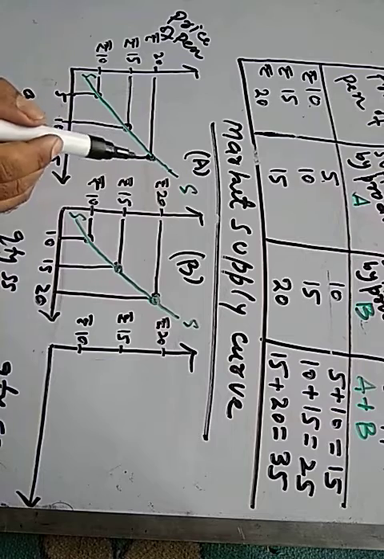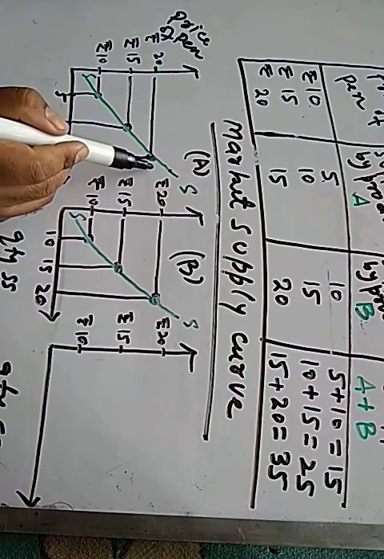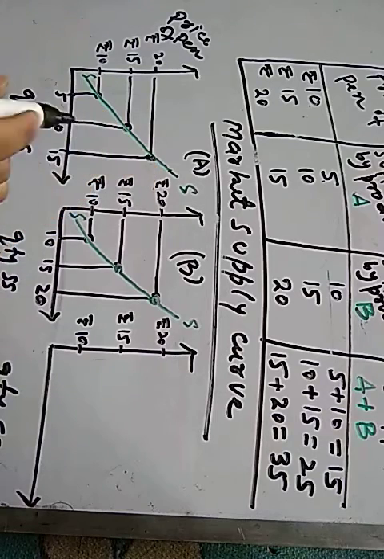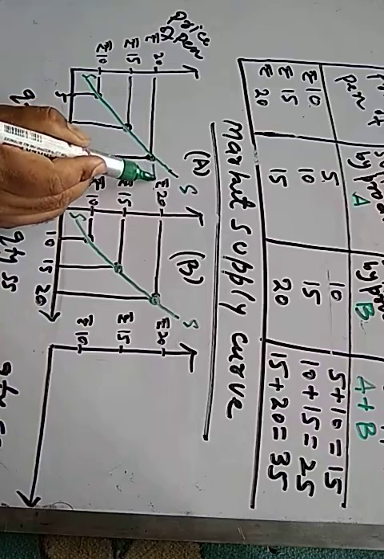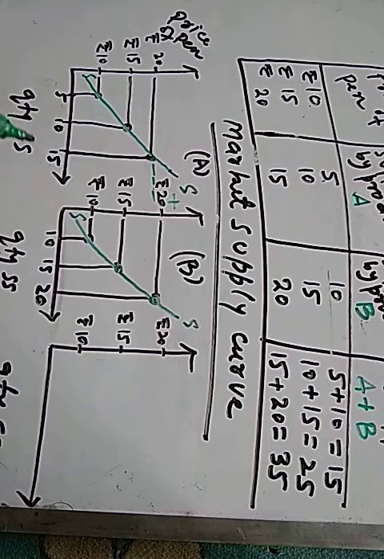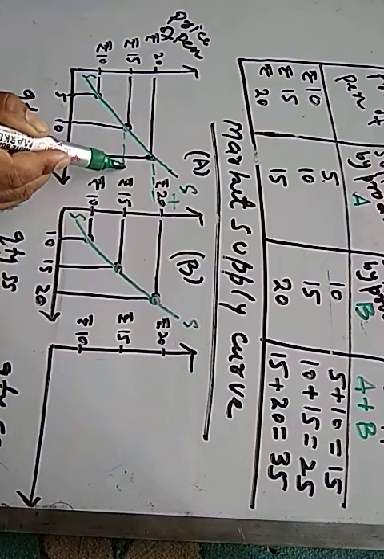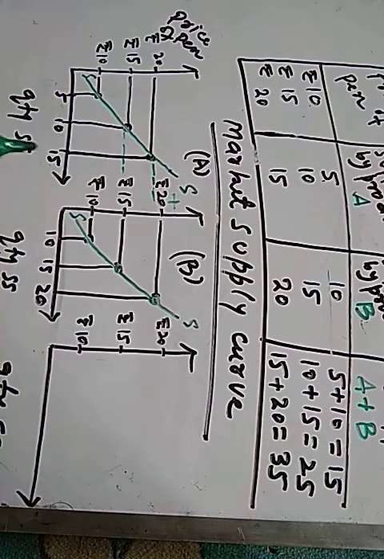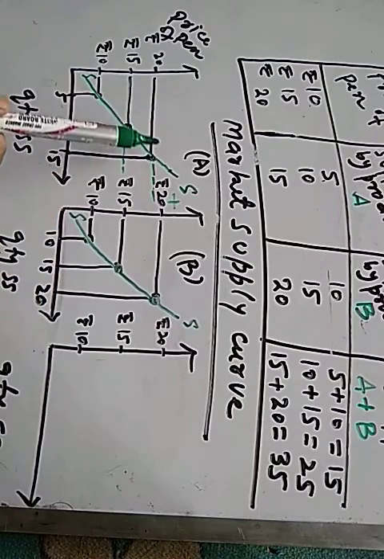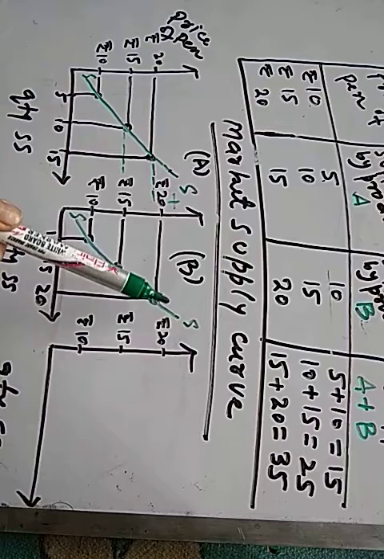Now we have to add these up. I will continue this line and write the plus sign, and I will continue this horizontally, because I have told you that the market supply curve is the horizontal summation of individual supply curves.